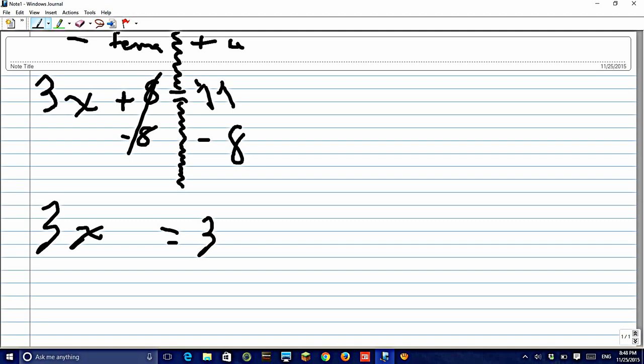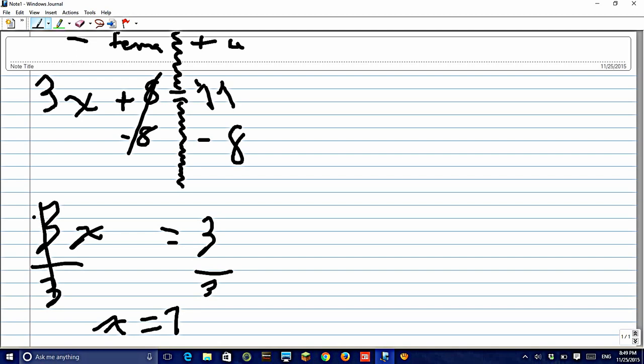And now we divide by 3, and we're left with x equals 1. The reason why I did this is because x is being multiplied by 3, and we're going to have to do the opposite of that in order to get rid of this 3.